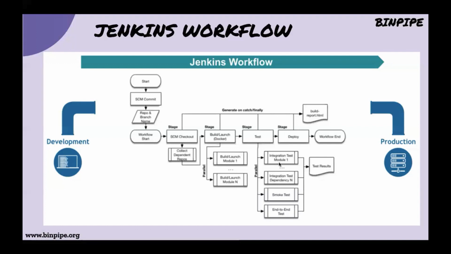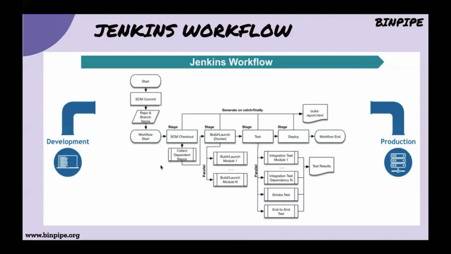Some test cases run in parallel, some run linearly, like when test 1 needs to finish in order to run test 2. These kinds of things happen, and once the test results pass, it goes to the deployment phase and the Jenkins job is over.